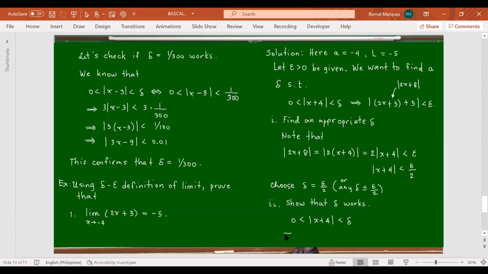Here we have absolute value of x plus 4 less than, but what is our delta? Epsilon over 2. Okay? So let's multiply this by 2, because we need to come up with 2x plus 8. We need to multiply by 2.